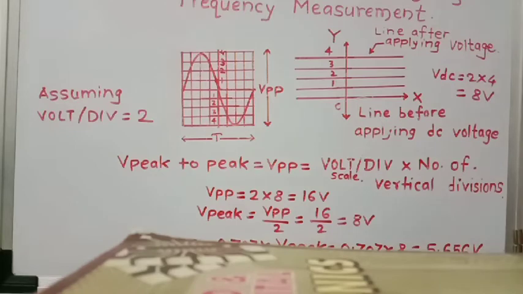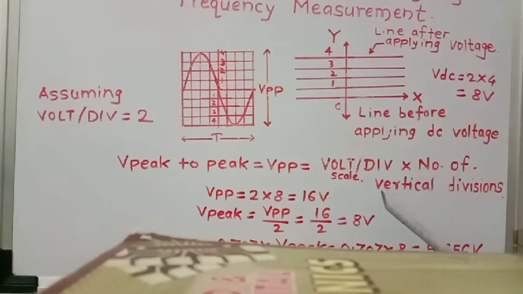Now, how to measure the unknown frequency of any signal taken from a signal generator or any source? We apply the unknown frequency signal to the vertical input or Y input of the cathode ray oscilloscope.